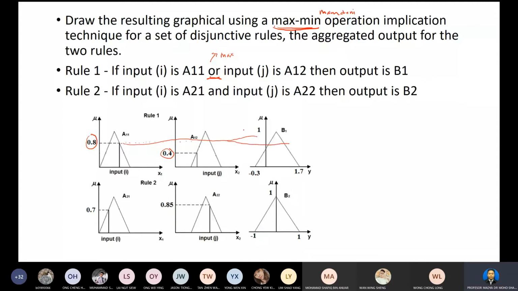Similar like this, you can use your ruler, so you get 0.8. If you use Mamdani, as I mentioned, this is our output for B1.